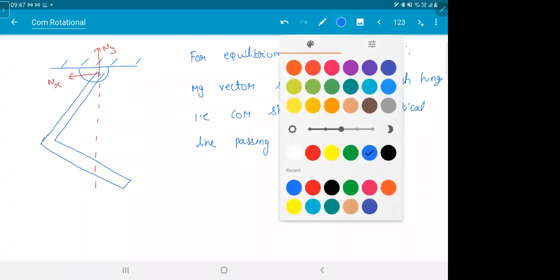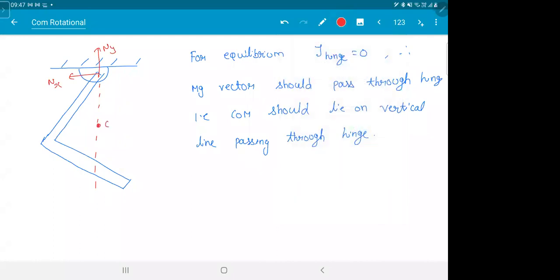That means the center of mass should lie somewhere here. This much I'm sure. Now where, that's another story that we have to calculate. Does this make sense? If the center of mass is not on this line, but anywhere else, torque won't be 0.